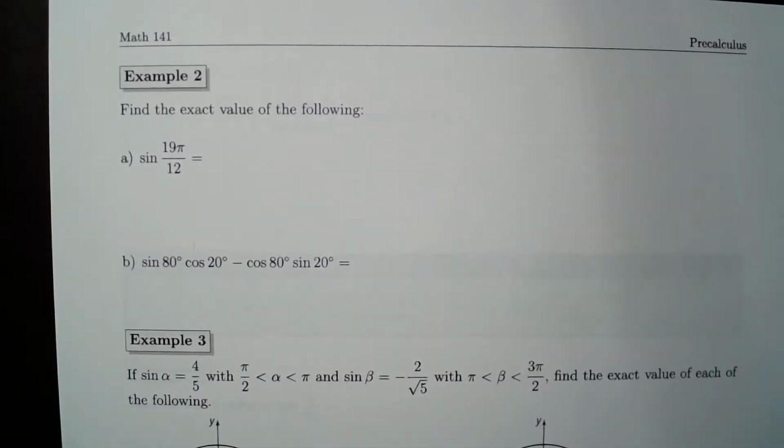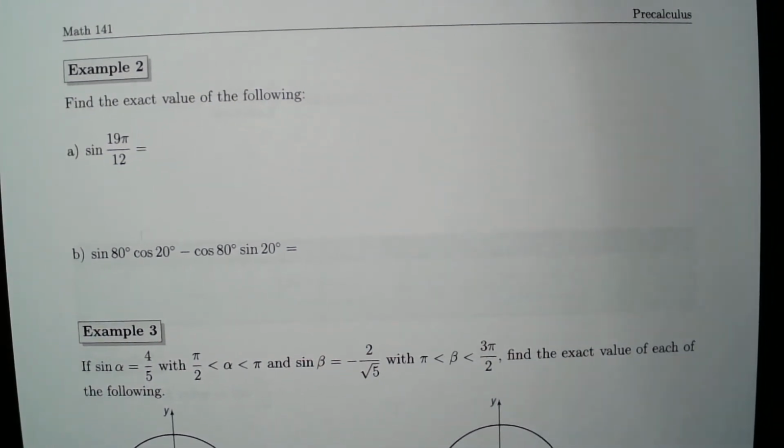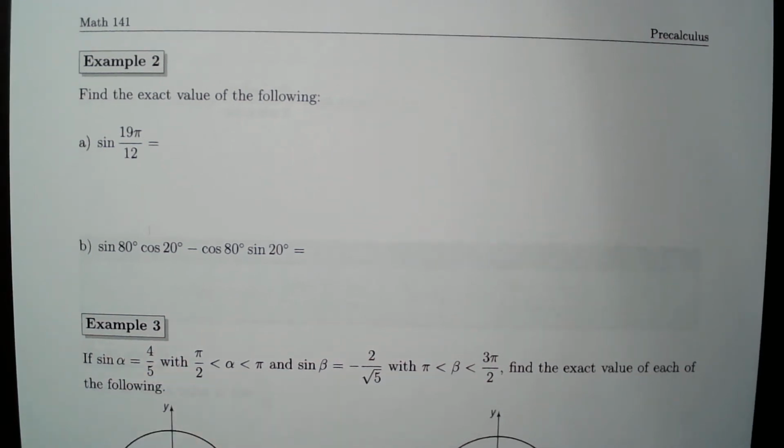So for sine of 19 pi over 12, that number might look a little bit ugly to break up. Yes, I agree. But don't worry, we're going to figure it out.